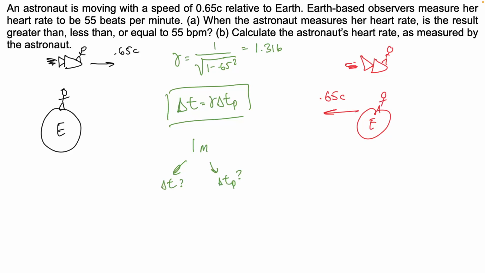So they start their stopwatch and start counting heartbeats. And they stop counting heartbeats, maybe when 1 minute shows on their watch, but more particularly after 55 beats go by. The event was, astronaut was here, heart beat 55 times, and now astronaut is over there.